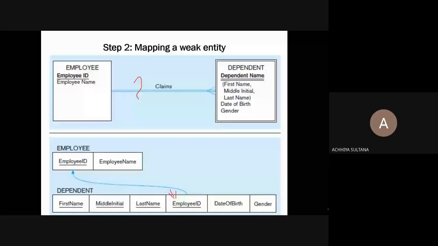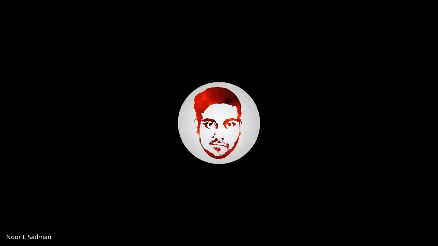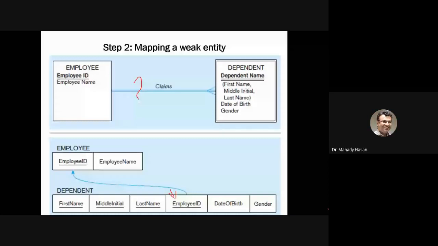So I need to get the primary key from where? Employee. What is the primary key of employee? Employee ID. Do I have any partial identifier? What is the partial identifier? Employee name. Sir, department name. Oh, sorry, dependent name.